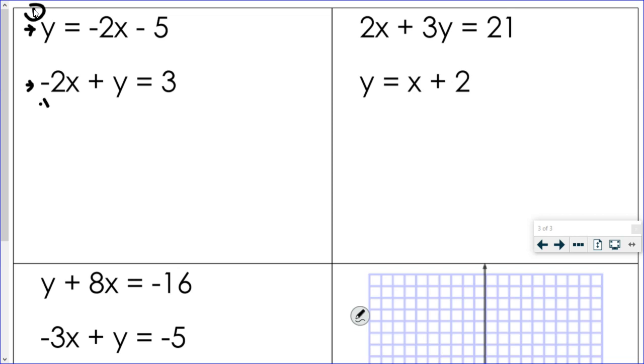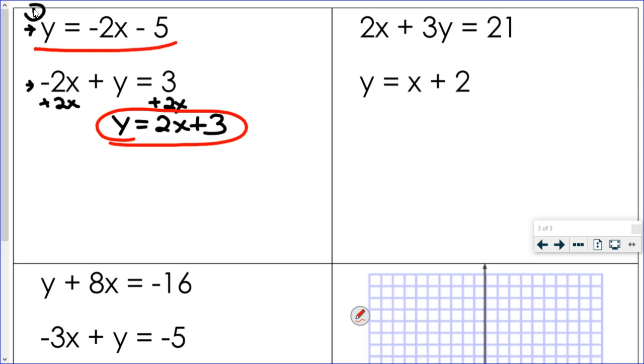If all I do is add 2x to both sides, I get y equals 2x plus 3. So this is very easy. My y-intercepts are nice numbers. One of them is already in slope-intercept form, and then I would just go down and graph it. So this would be one that would be very doable by graphing.